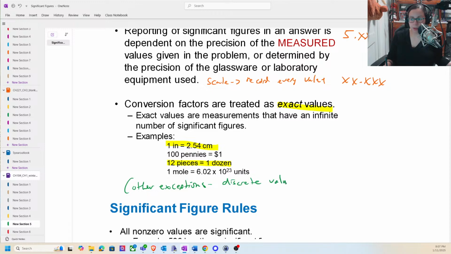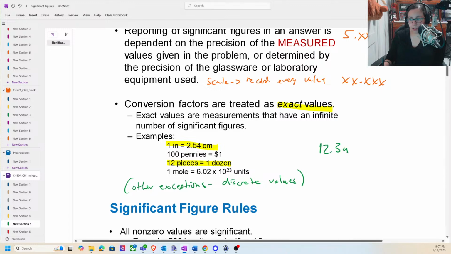And so what I mean by that is, especially if you take a look at the homework, and we'll look at that example, it gives you this problem of 12.3 grams divided by 5.